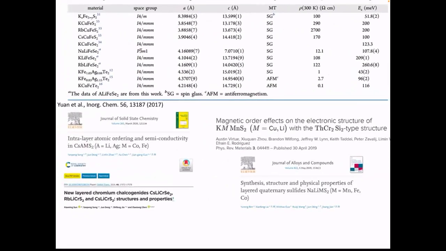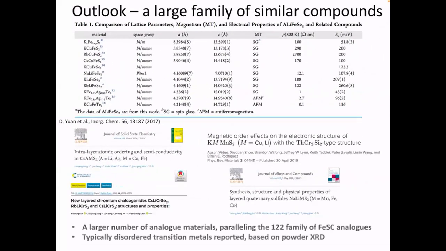Okay. All right. So there's a large number of analog materials. So it really parallels the 1 to 2 families of iron-based superconducting material, where you have, for example, the barium cobalt arsenides or the barium manganese arsenides. And currently, the structure of most of these materials are only reported based on powder XRD.